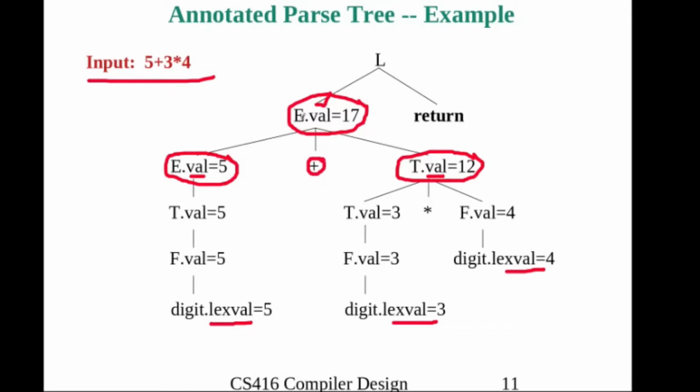So E has three children, 1, 2, 3, and E dot val is the attribute that is evaluated by using E1 dot val and T dot val. The equation is E dot val is equal to E1 dot val plus T dot val. So we can say that the 17 is obtained by adding 5 plus 12. That means E dot val depends on E1 dot val and T dot val.